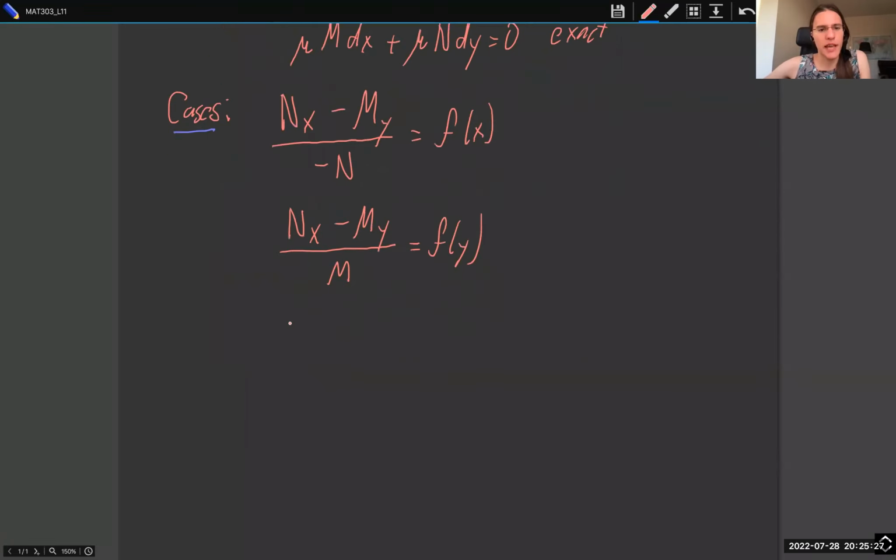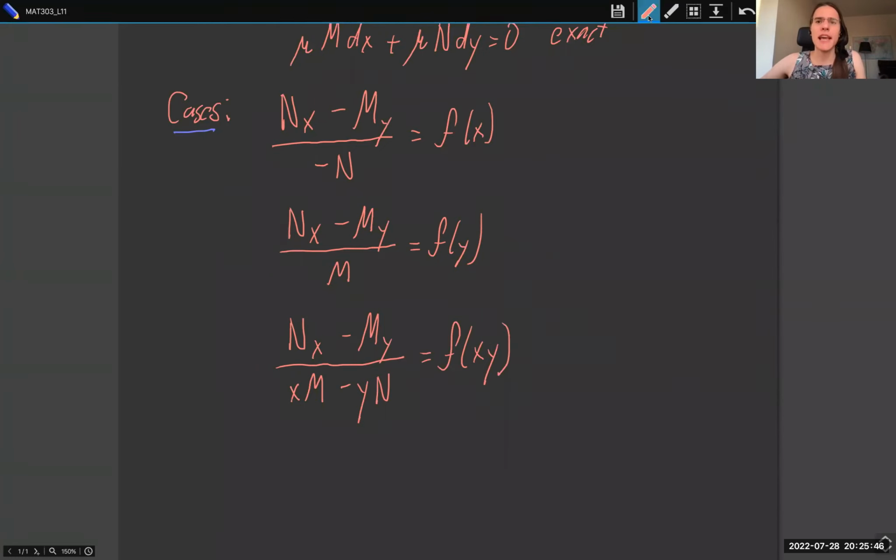And we also covered the case when (N_x minus M_y) divided by (xM minus yN) was a function of the product of x and y. And then in these cases, there is an integral that you solve to get the integrating factor.